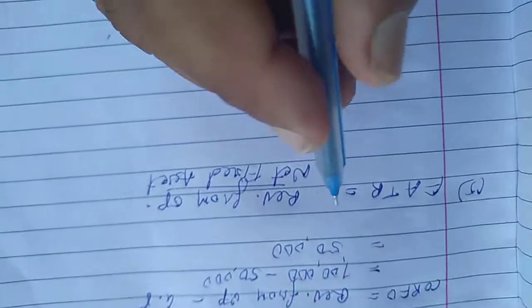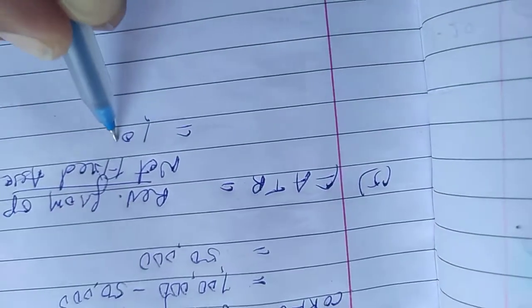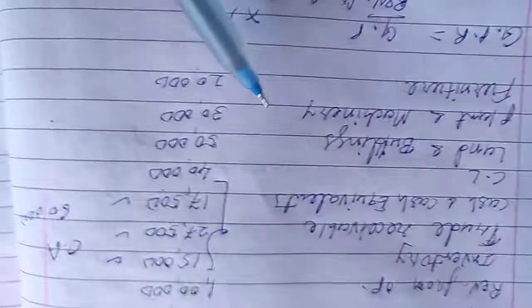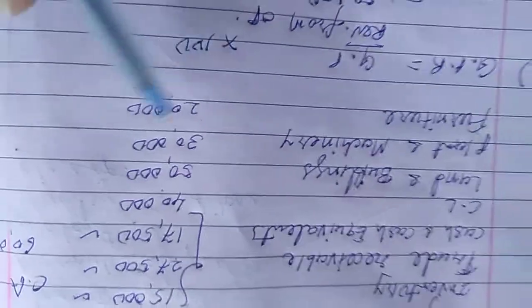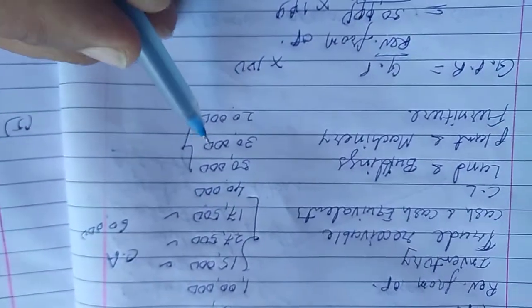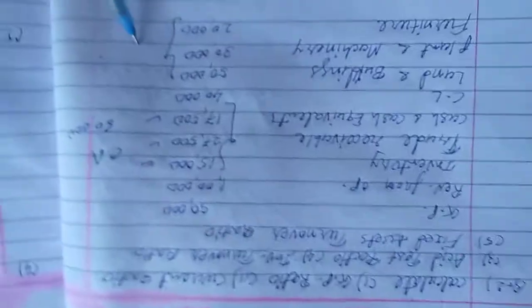So revenue from operation is already given. Revenue from operation is 1 lakh. So here revenue from operation is 1 lakh upon net fixed asset. The given information: land and building, plant and machinery, furniture. These three are the fixed assets. So 50 plus 30, 80 plus 20, so 1 lakh.